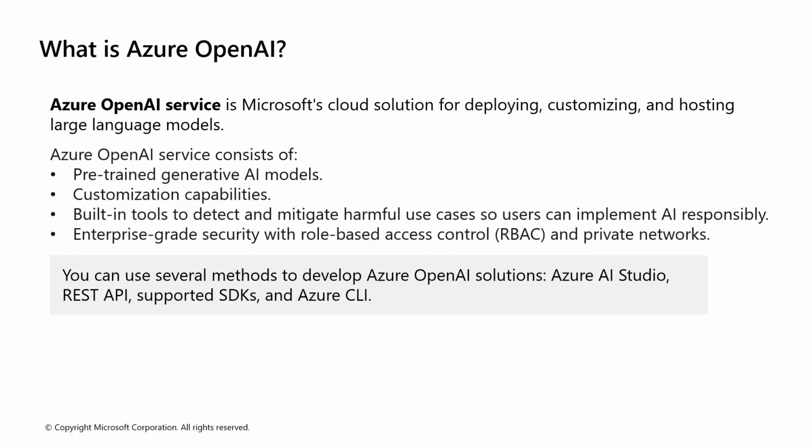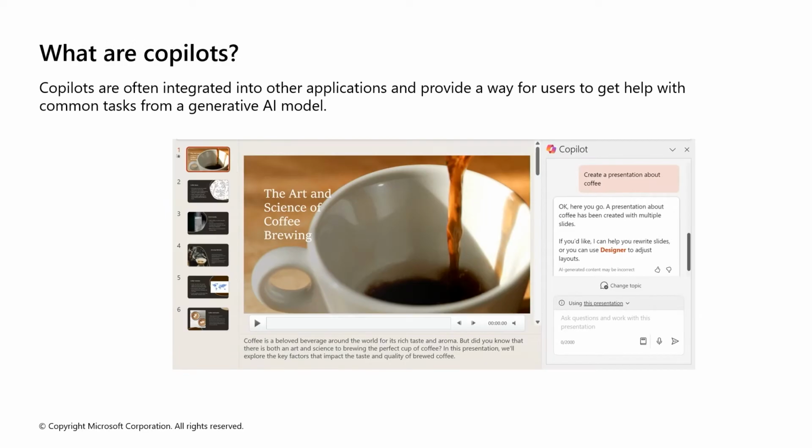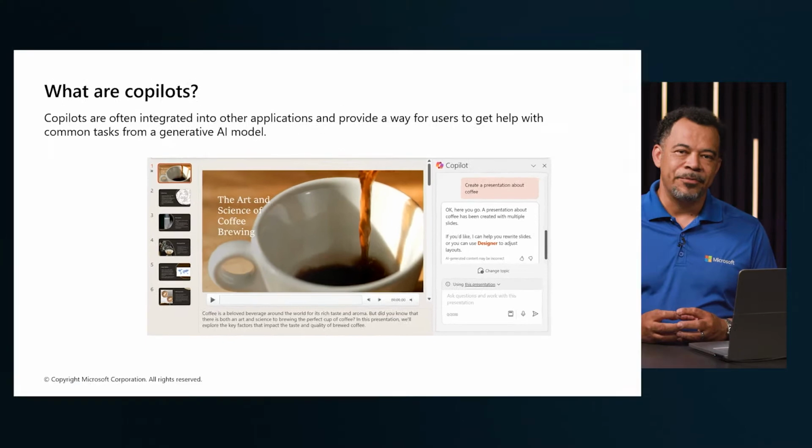The availability of LLMs has led to the emergence of a new category of computing known as copilots. Copilots are often integrated into other applications and provide a way for users to get help with common tasks from a generative AI model.